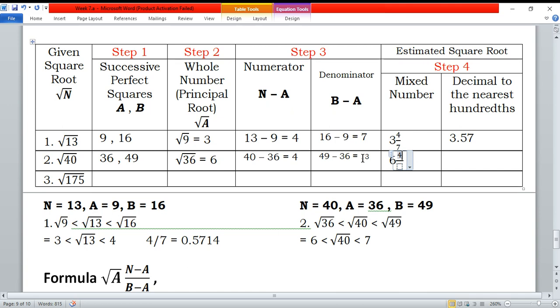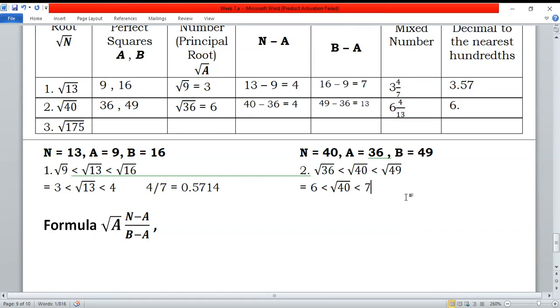Tapos, yung 13 naman, this will serve as our denominator. So, 6 and 4 over 13. Yun. Okay. So, ngayon dito, ilalagay natin 6 point. Ano yung decimal na katumbas nitong 4 over 13?